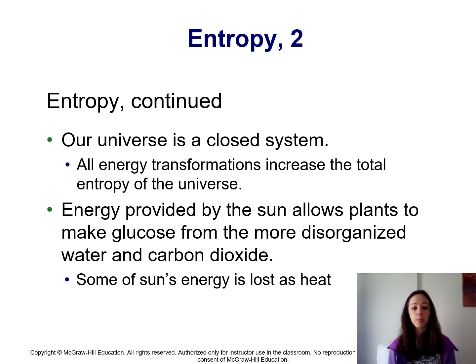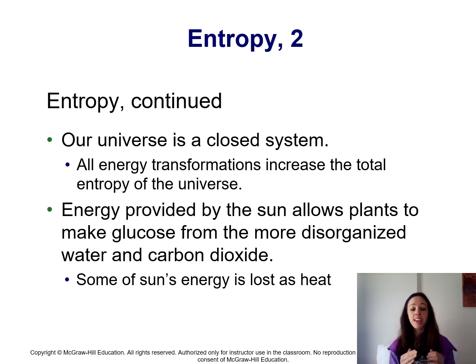Another reason that plants need such a large source of energy is because energy is lost as humans and animals eat plants, and transferring that energy from glucose into larger organisms. I don't know if you guys remember from our ecosystem lecture, in any ecosystem, there's going to be a lot more plants than there are animals.